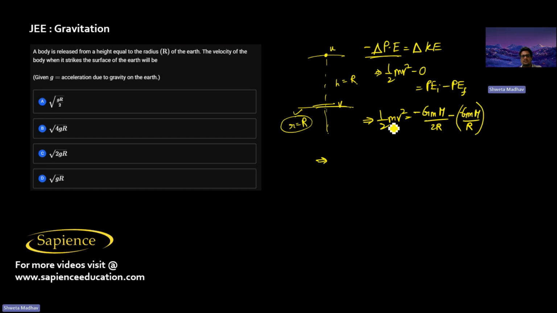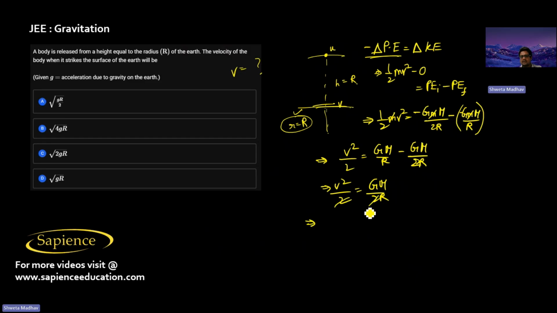So the velocity of the body when it strikes the surface has been asked. So the mass of the object I can cancel, and then v square by 2 is equal to G M by r minus G M by 2r. It means v square by 2 is equal to G M by 2r, since G M by r into 1 minus half is half.